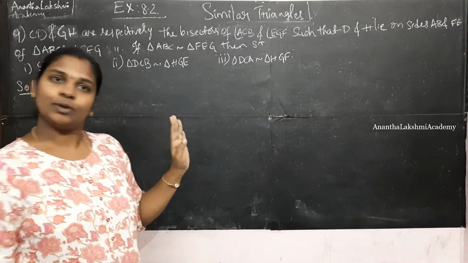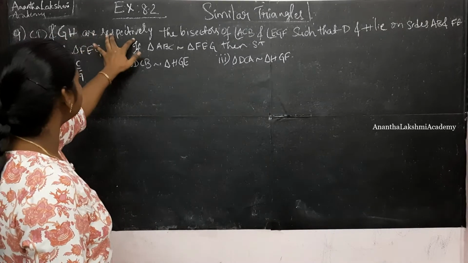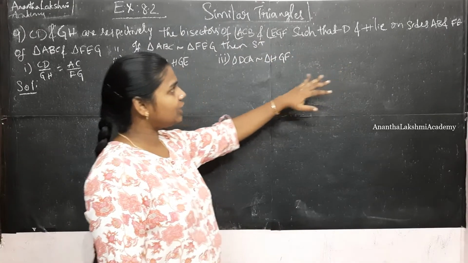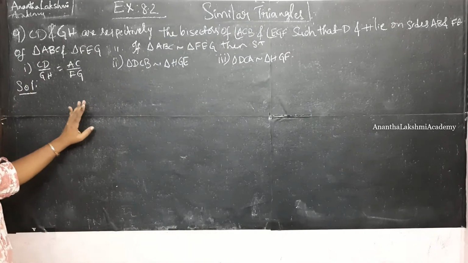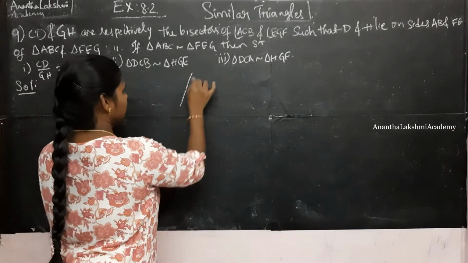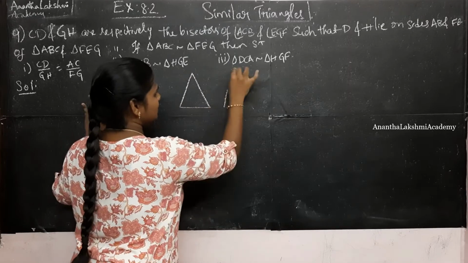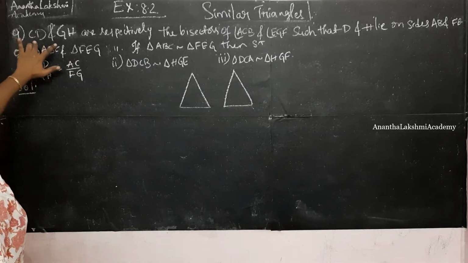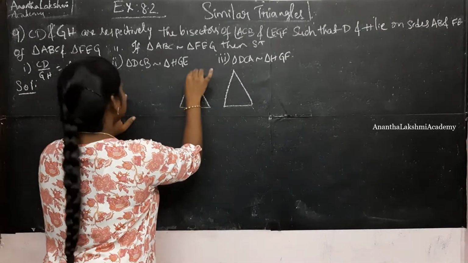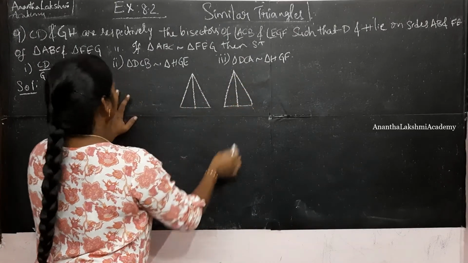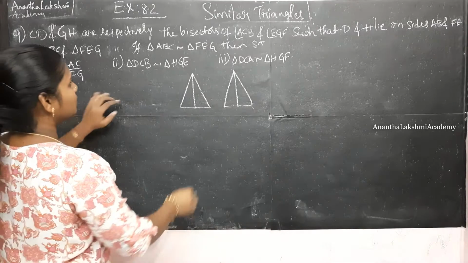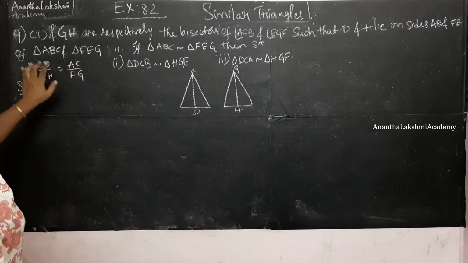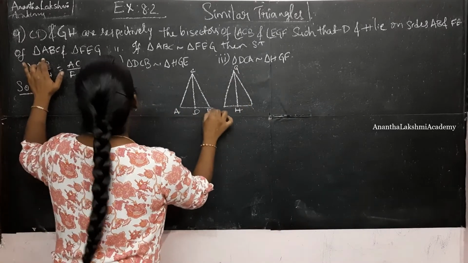So here I have the 9th problem written on the board, wherein CD and GH are respectively the bisectors of angle ACB and angle EGF such that D and H lie on sides AB and FE. We have two triangles, ABC and FEG.